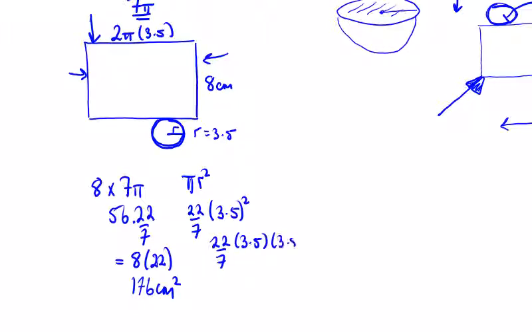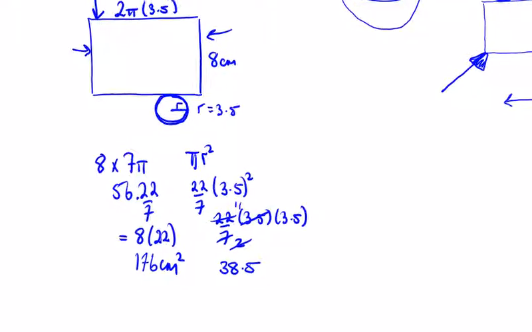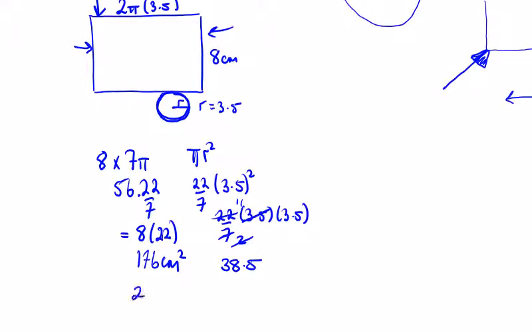That divides into that twice. 2 into 22 is 11. You can do all that in your head pretty quickly, and 11 3.5s is 10 of them, which is 35, plus 1 of them, which is 3.5, 38.5. And if I add 168 on here, I'm going to get 214.5 cm squared.